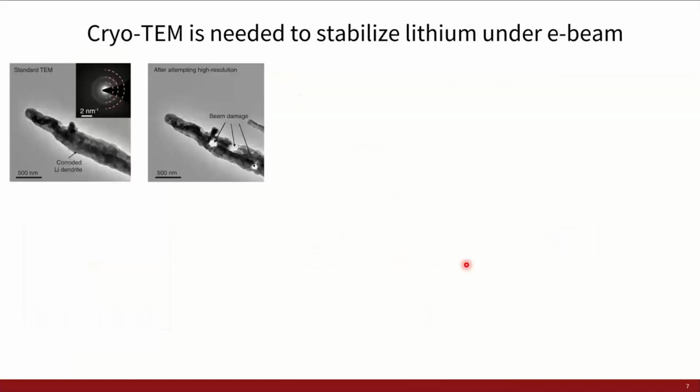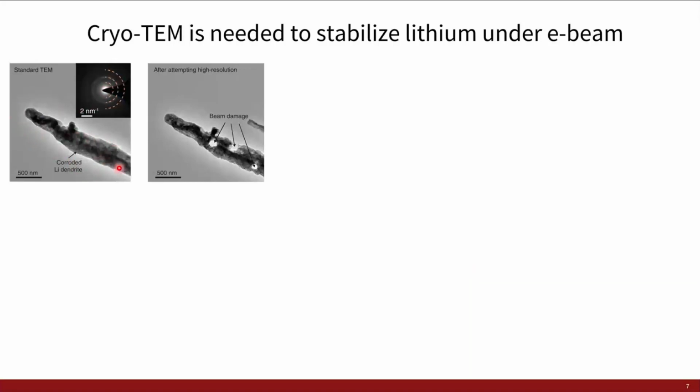And the reason why that is because lithium compounds are generally very weakly bonded. And the second confounding factor is that lithium is very air reactive. So during transfer into the TEM column for standard TEM analysis, lithium will commonly react with the air and trace water vapor, resulting in corrosion of lithium into lithium hydroxides and lithium oxides.